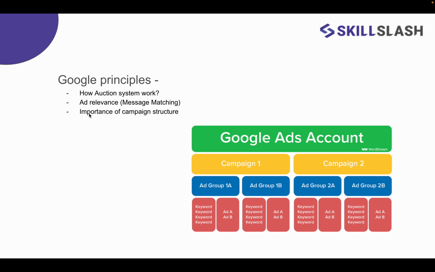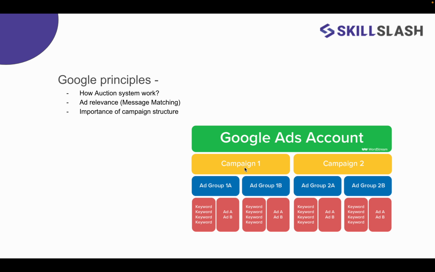Another thing is the importance of campaign structure. Why is campaign structure very important in Google Ads? Let me give you an example. In a Google ad account, just imagine campaign 1 is for shoes and campaign 2 is for flip flops, okay? And inside campaign 1, one ad group is for formal shoes and another is for sneakers, running shoes, right?